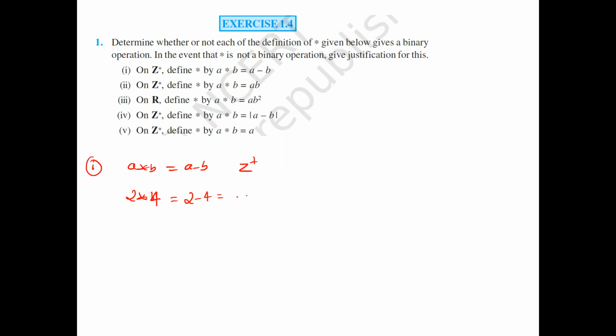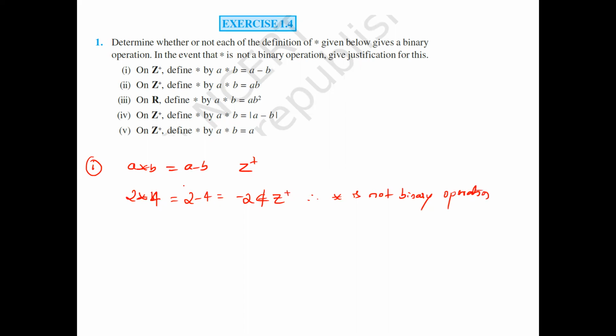What is the answer? Minus 2. Minus 2 does not belong to Z plus. Why? Because it is not a positive integer. Therefore, star is not a binary operation.